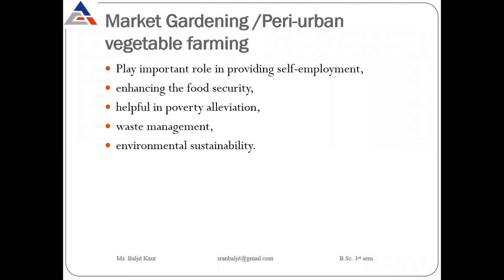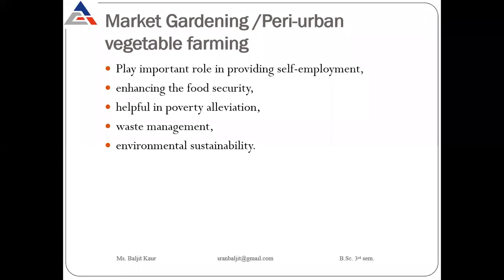Now next one is the market gardening or peri-urban vegetable farming. So market gardens are the gardens which are providing vegetables for the local market, right? So in this type of garden, in market garden, intensive type of vegetable farming methods are followed, right?